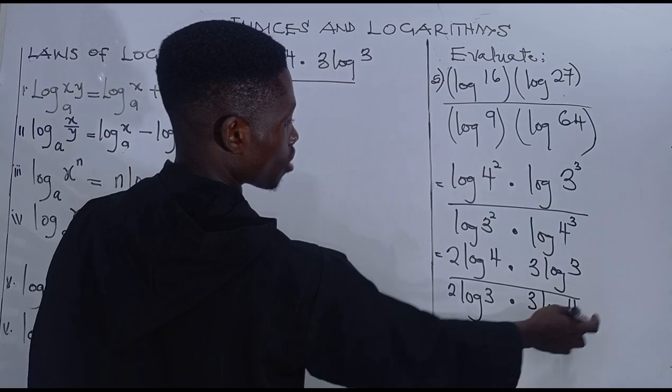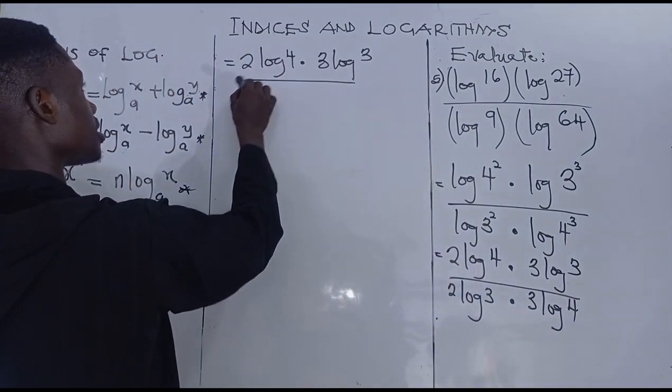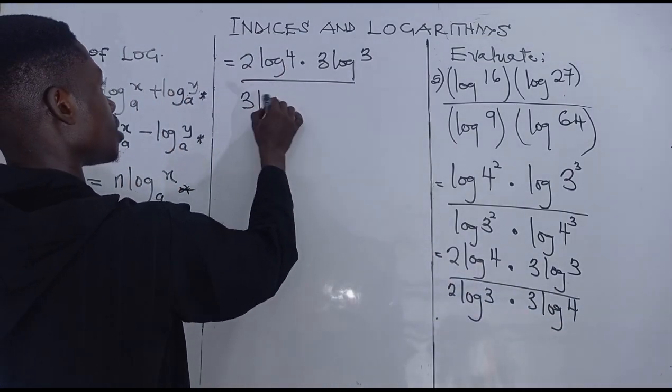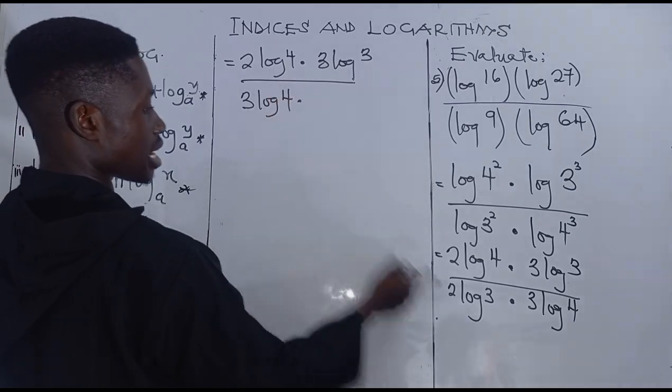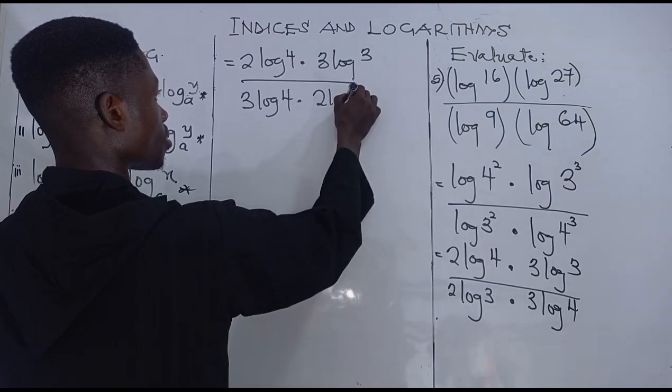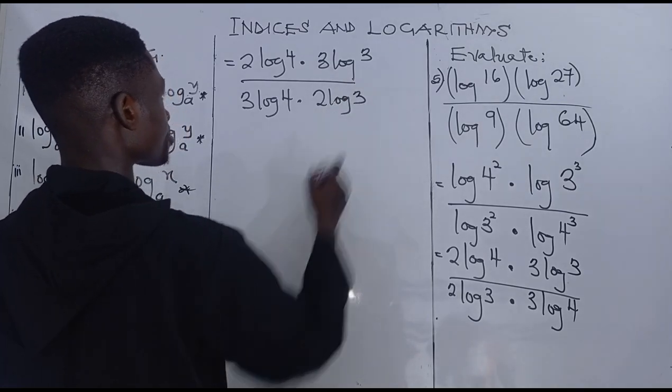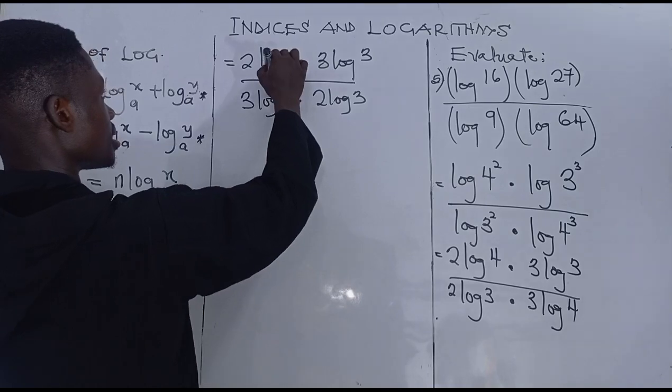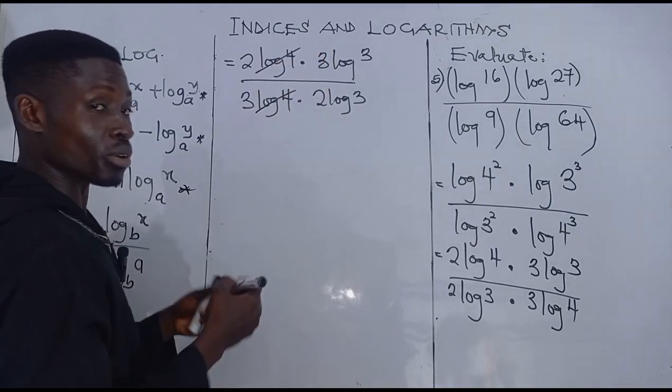Let's bring 3 log of 4 in front. So we have 3 log of 4 multiplying 2 log of 3.